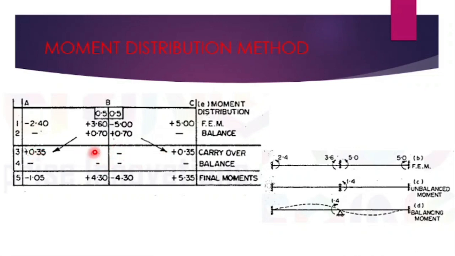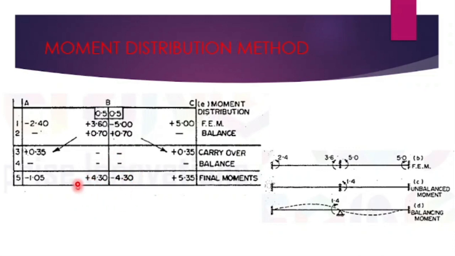Now do you have any other moment here at joint B? You don't, hence you can add this. So minus 2.4 plus 0.35 you get minus 2.05, and you add 3.6 plus 0.7, you get 4.3. Now you add minus 5 plus 0.7, which is 5 minus 0.7, giving 4.3.